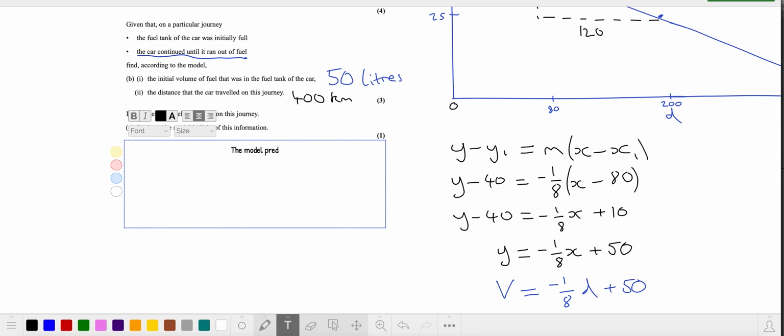The model predicts we will run out of fuel after 400 kilometres, but in reality the car ran out after 320 kilometres. This means it is not a very reliable model. We managed 20% less distance than the model suggested. So it's not a very good predictor.